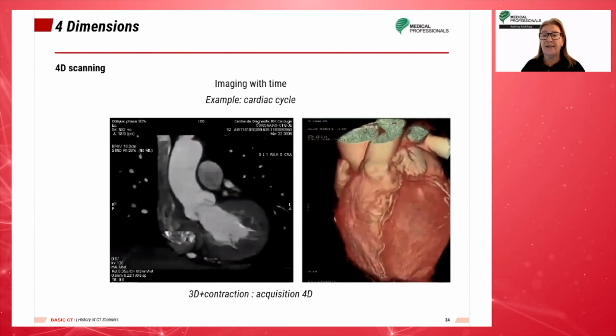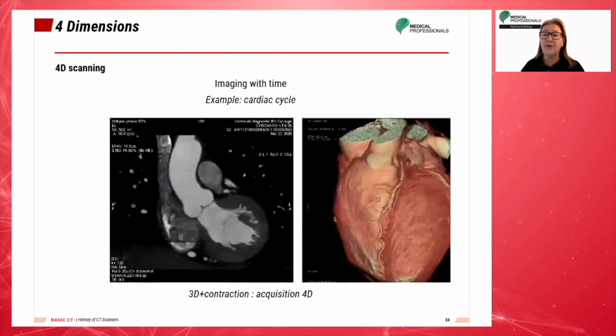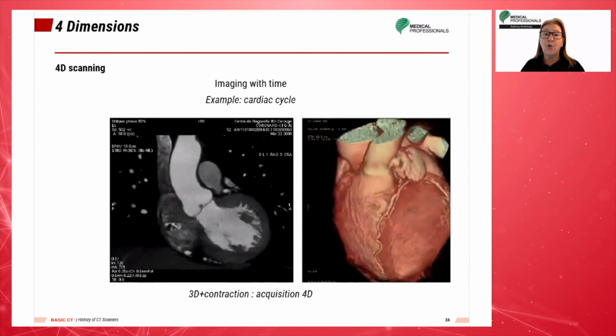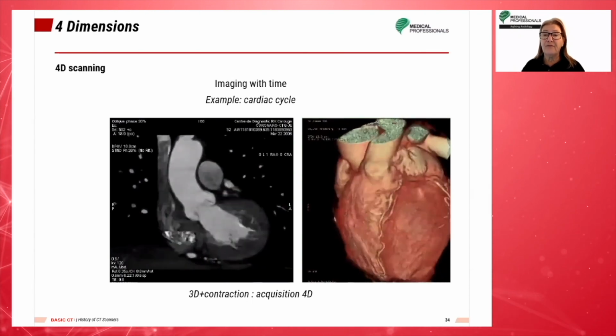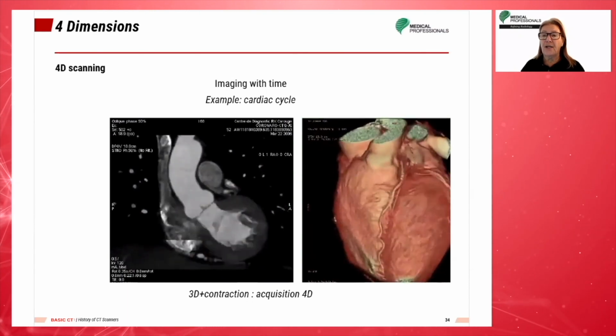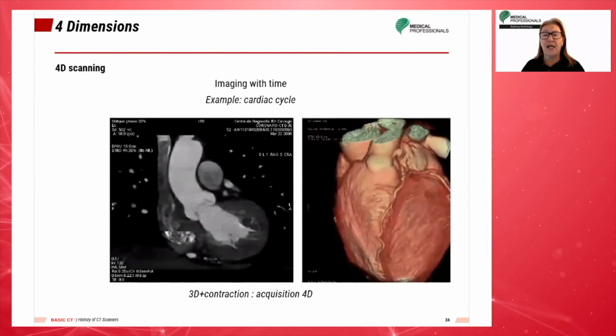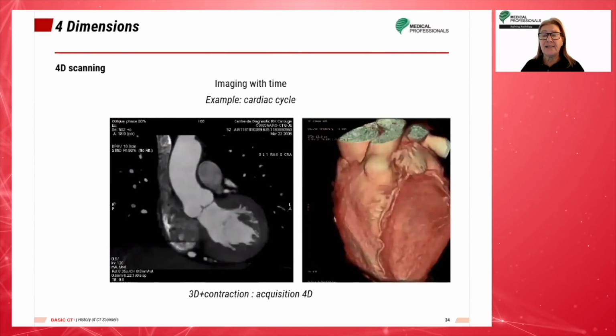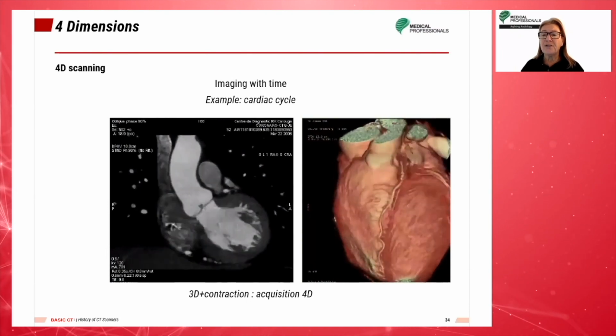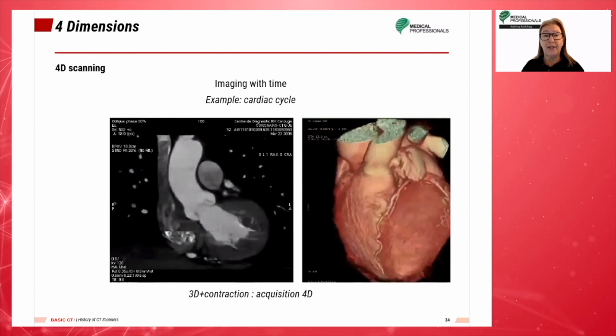4D scans show us movement in 3D images, with time being the fourth dimension. The first model of the 256 slice 4D CT scanner was developed in 2003.